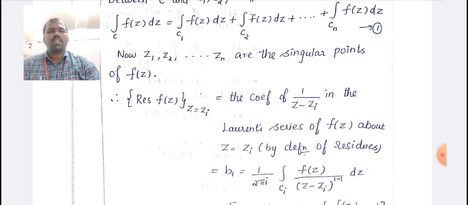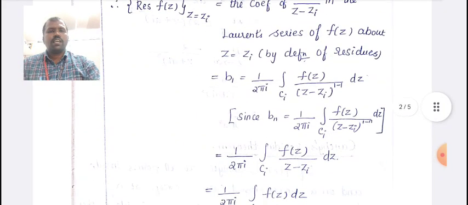By definition of residues, b1 equals 1 by 2 pi i integral over ci f of z divided by z minus zi to the power 1 minus 1 dz. Substituting 1, 2, 3, etc. C1, C2, C3, etc. Cn, the integral limit is ci.